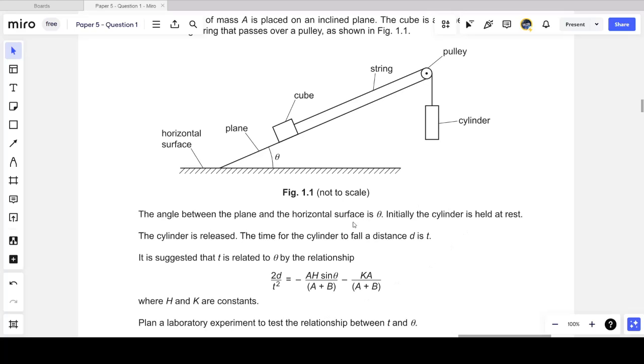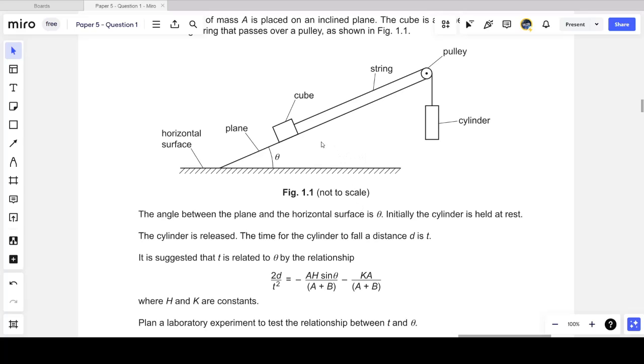The more information you give this person going into the lab, maybe it's your friend, the better and easier it would be for them to actually carry out this experiment. So don't leave anything out. If you feel something will reduce uncertainty, if you feel something needs to be done for the experiment to be carried out well, with accuracy and precision, then write it down. There's more than enough space for you to include all of your thoughts, including safety precautions and so on.